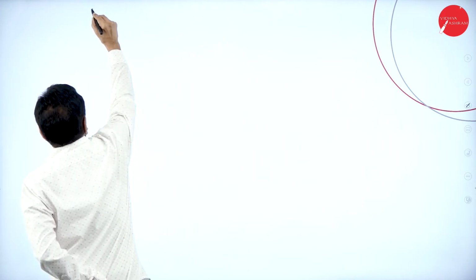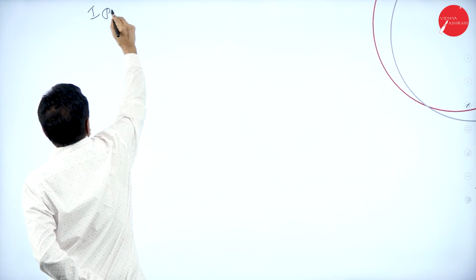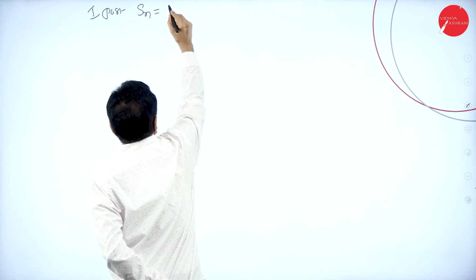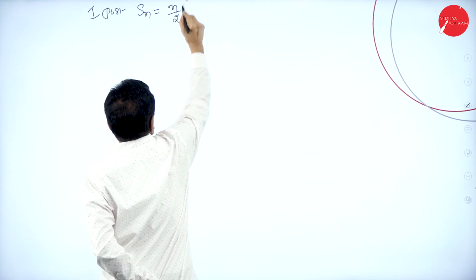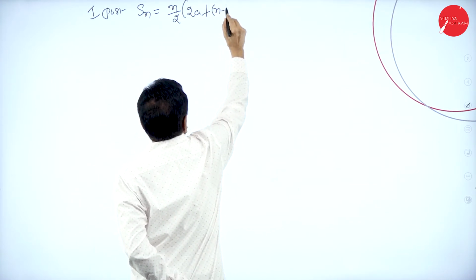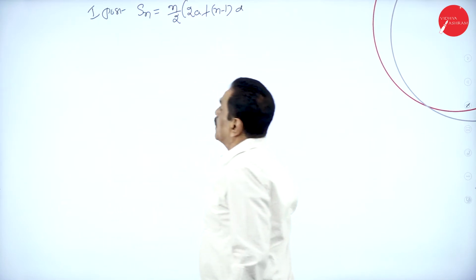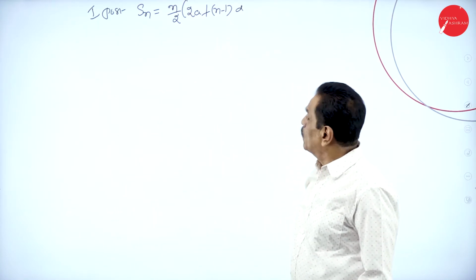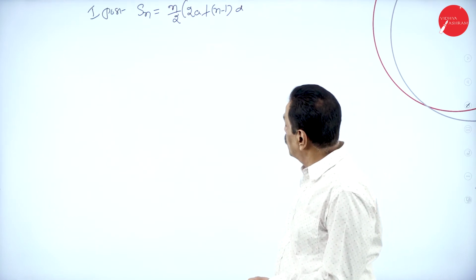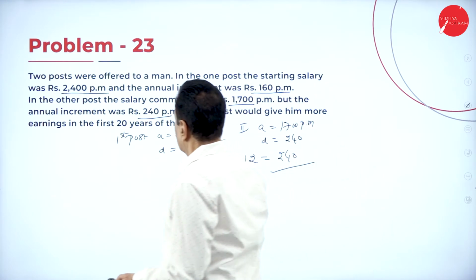First post. Sn is equal to n by 2 into 2a plus n minus 1 d.